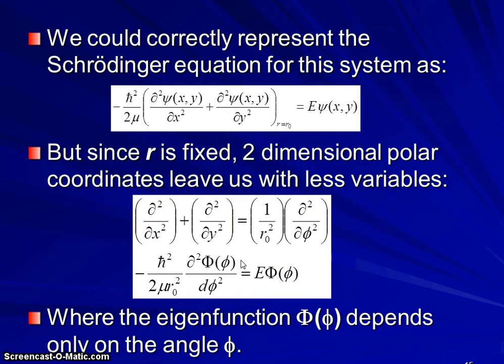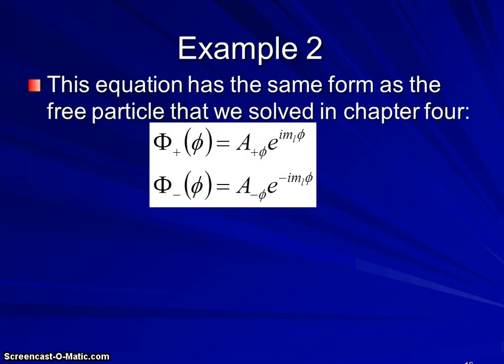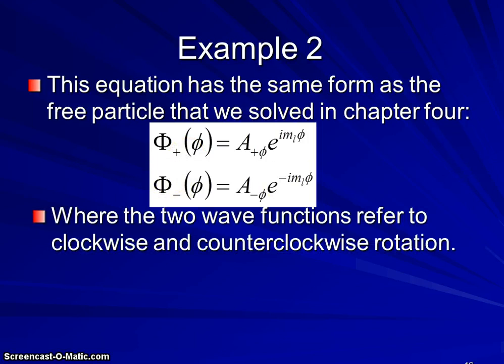Now, as it turns out, the function that satisfies this particularly well has the same form as the function that satisfied the free particle that we solved in chapter 4. And so we've got what we're going to call a phi plus and a phi minus that refers to clockwise and counterclockwise rotation.